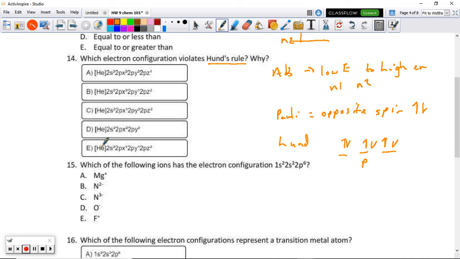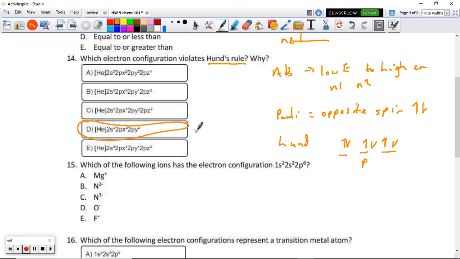All right, so we're trying to find which electron configuration violates Hund's rule. There's really no why on that one, but the correct answer is D. 2s2, 2px2, 2py2.